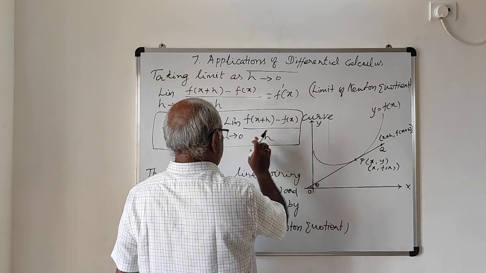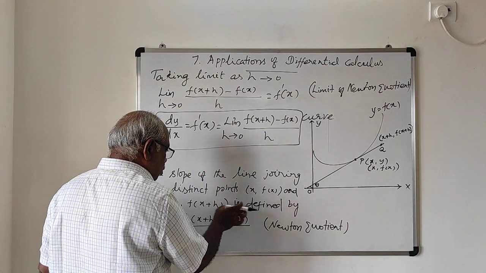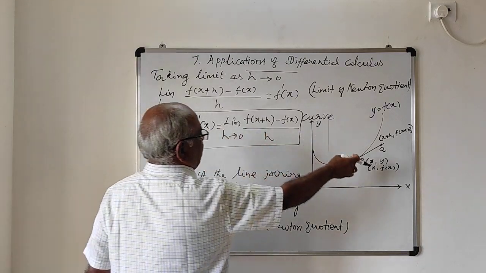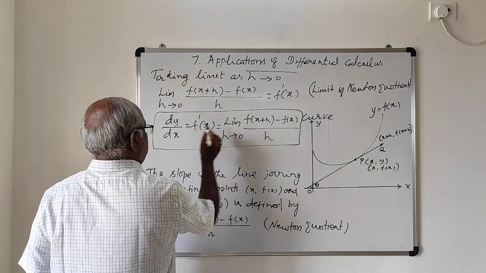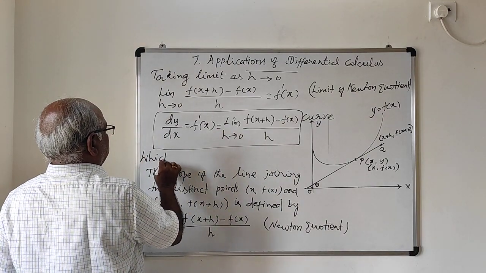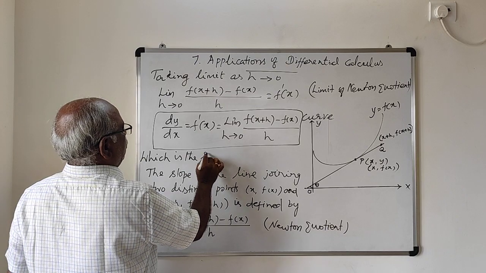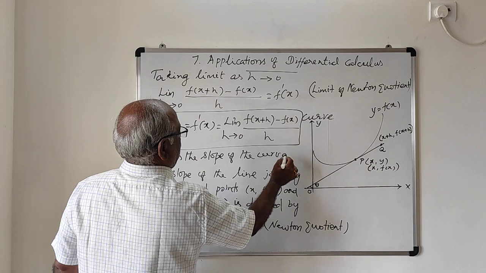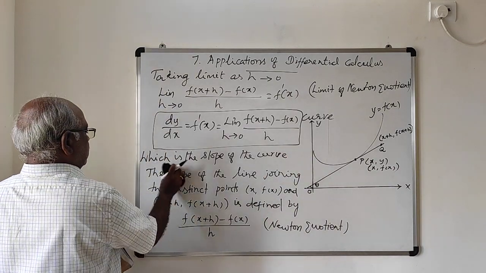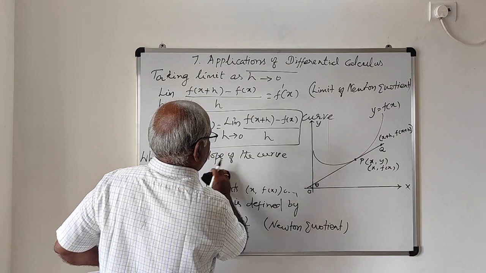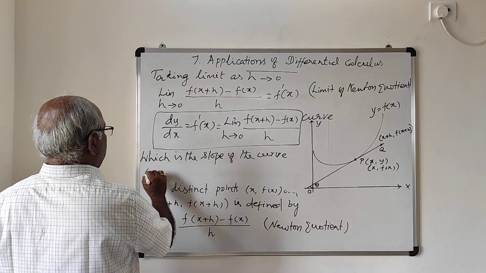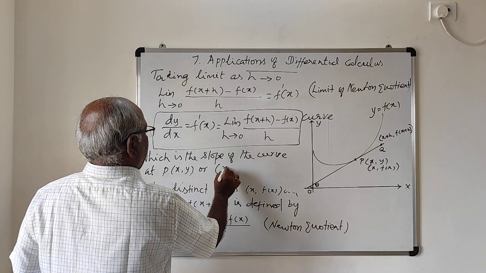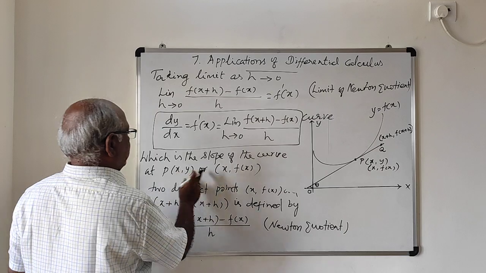The Newton quotient is the slope of the line joining the two points, but this is the slope of the curve at the point P x comma y. x comma y is otherwise called x comma f of x.